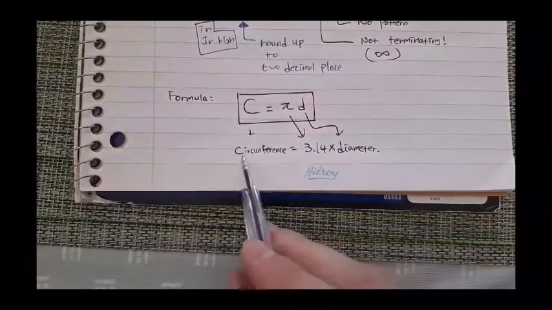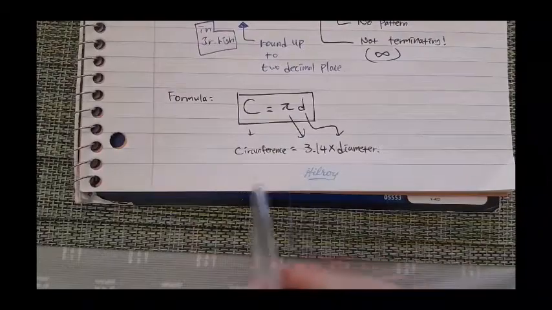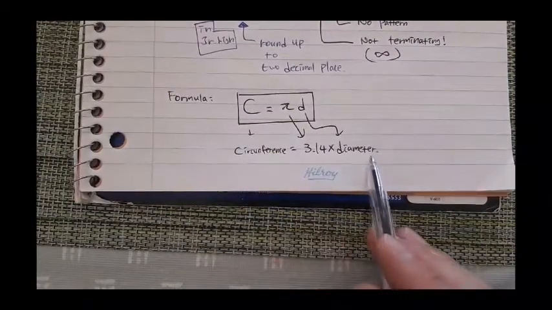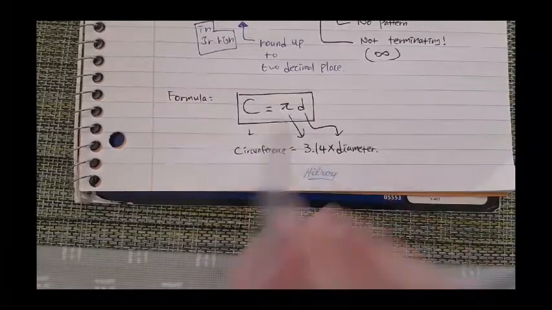But as you may notice, it's a waste of space and an unnecessarily long formula. So instead of writing it in this way, mathematicians and scientists decide that C is equal to pi d, something like that.